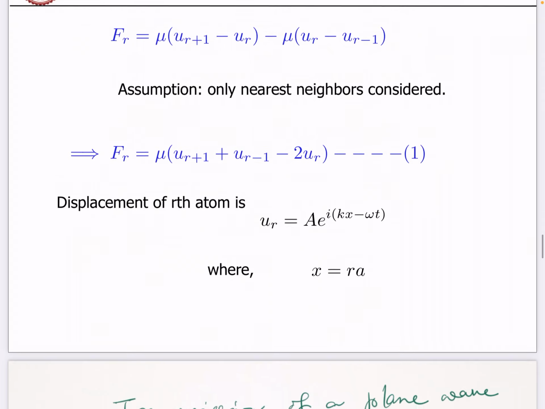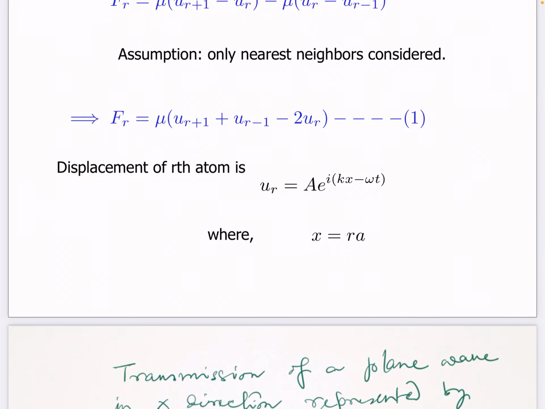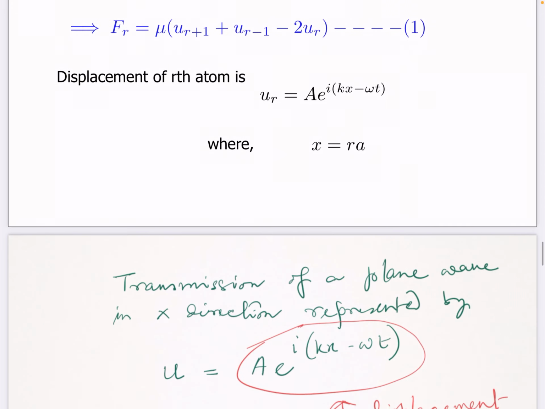Now we consider the displacement of the rth atom as u r equal to this plane wave like expression. Due to these displacements along the longitudinal direction, as I said, there is an acoustic wave which gets transmitted and propagated.